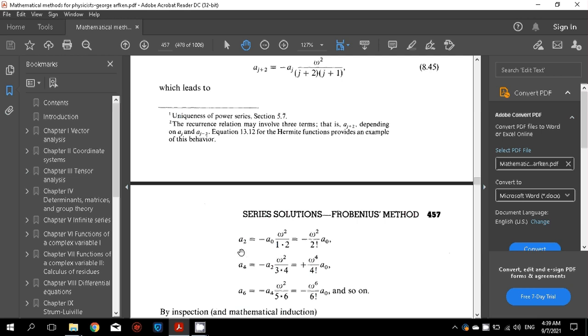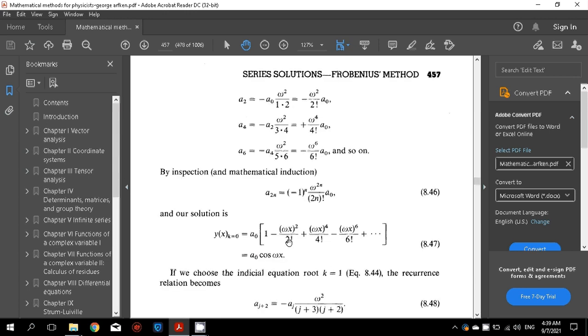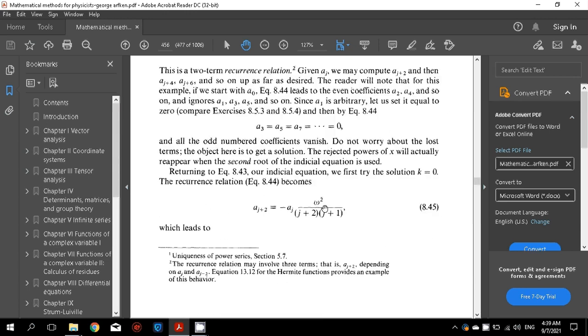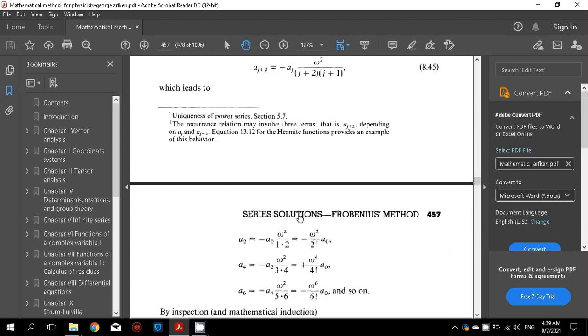So here are the coefficients of the first solution, A2 as A0 omega square over 1 into 2, because we will substitute j is equal to 1 and so on. So these are the coefficients A2, A4, A6 and so on, the coefficients of the first solution of the differential equation.